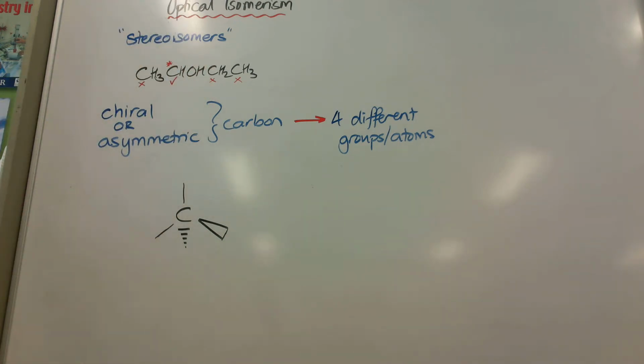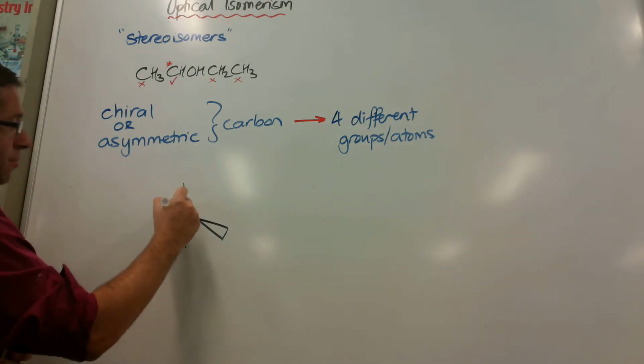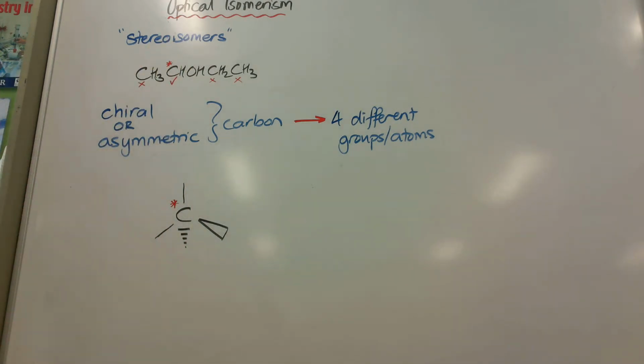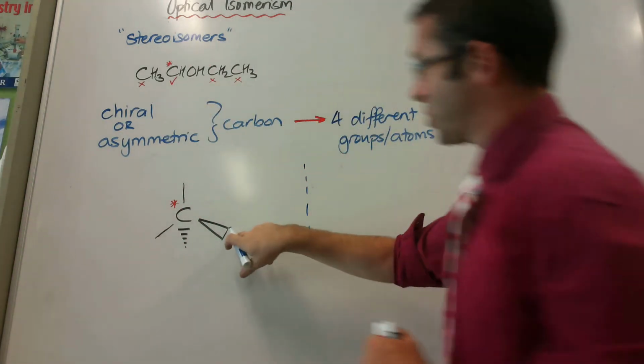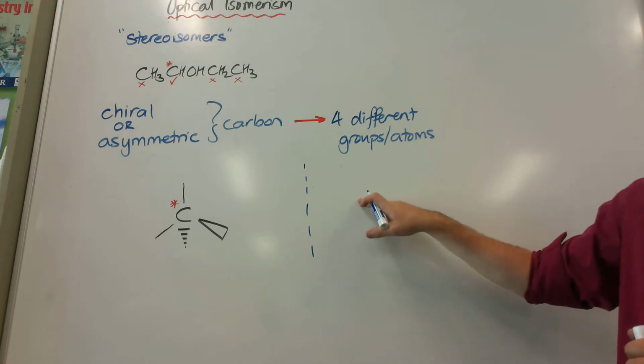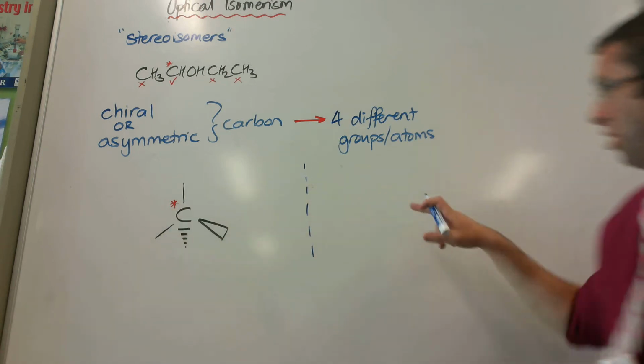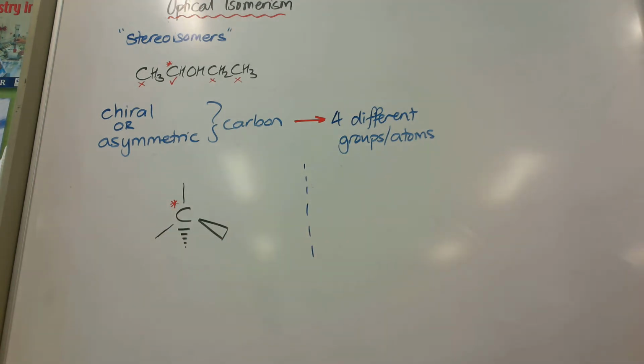This is my general shape of my chiral or asymmetric carbon. This is this one. Now, I draw the same thing next to it to show this optical isomerism, but what I do is the mirror image, which means this one here will stick out of the board. This one over here will be flat. All right, so I'm going to draw a complete mirror image of it.